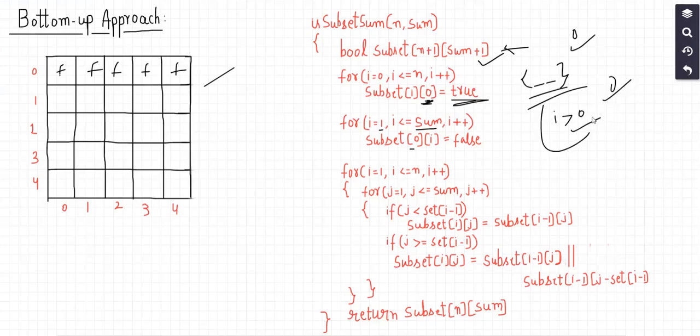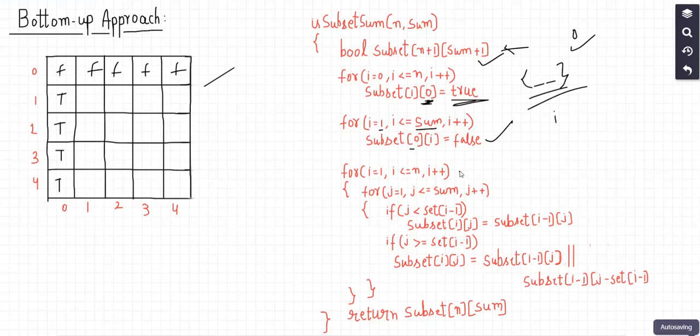It requires at least one integer to be generated. That's what this statement is saying. So this contains false, this contains true, this also contains true, and so on.